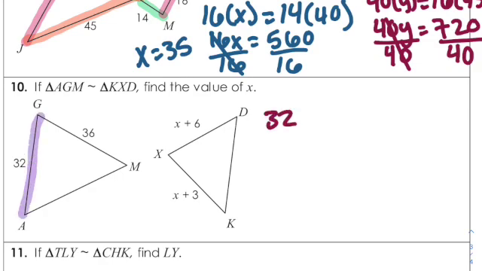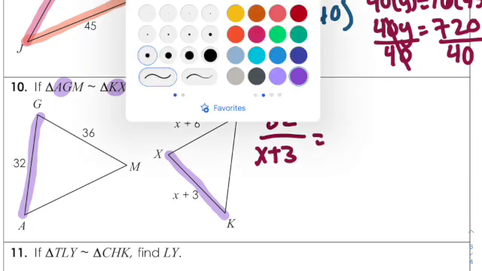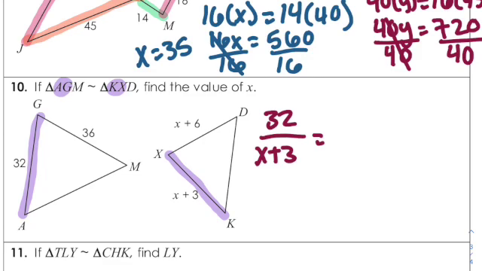So 32 over, and we look, AG is the first two letters, and KX is the first two letters, which is x plus 3. So 32 over x plus 3 equals GM, which is 36. So 36 over, and again, same reasoning, GM is the last two letters, XD is the last two letters.